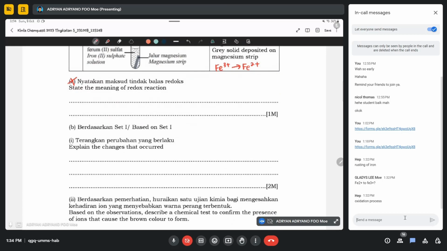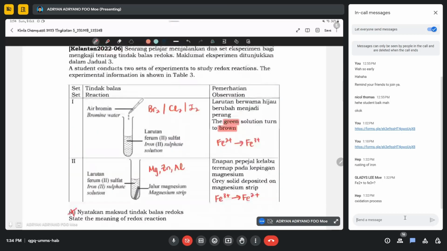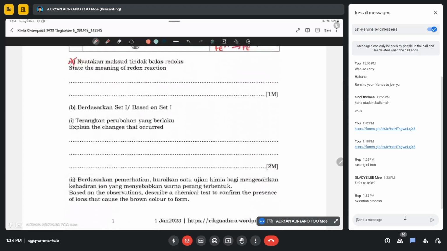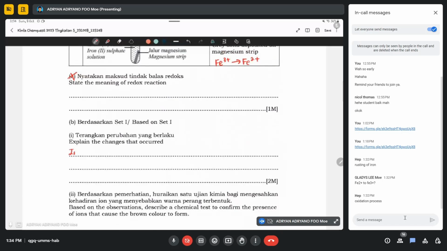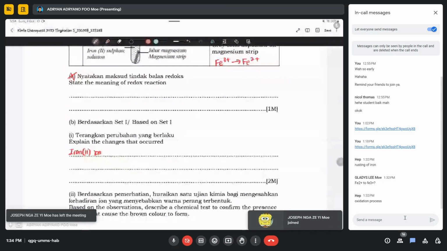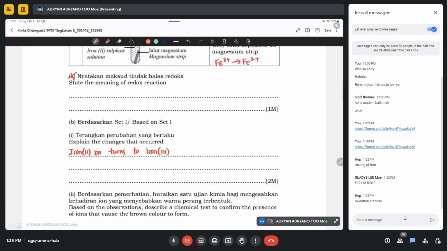OK，我们看 B。Based on set 1, explain the changes that occur。OK，你看到的 changes 是什么？第一个 green to brown，所以你可以给一个 indication。What happened?